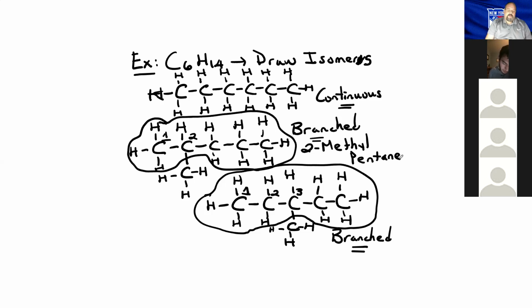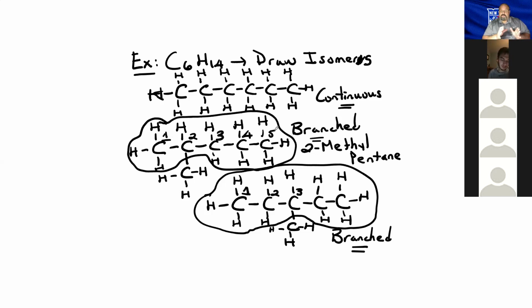So there are 2 possible ways to number the carbons in this example: 1, 2, 3, 4, 5, or 1, 2, 3, 4, 5. The idea is to start at the end closest to a branch, so the only correct way to number the carbons here would be as follows: 1, 2, 3, 4, 5. So that's where the 2 comes from.